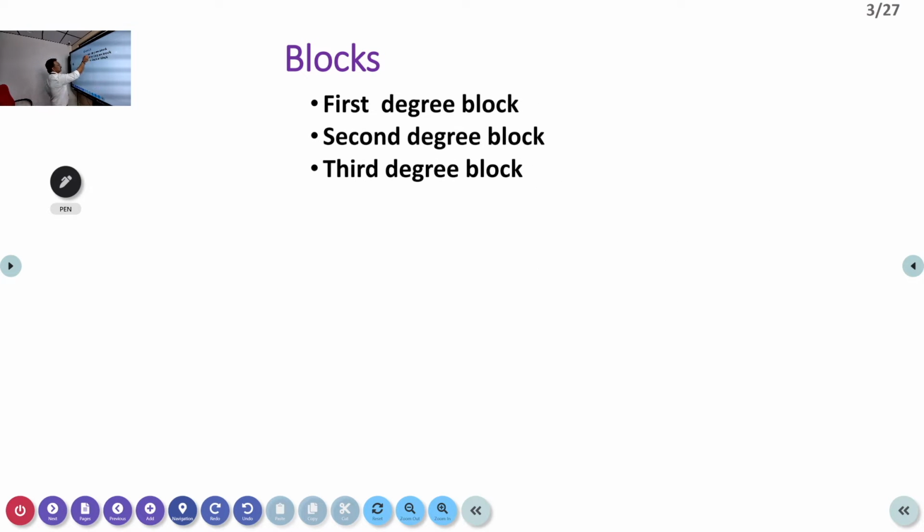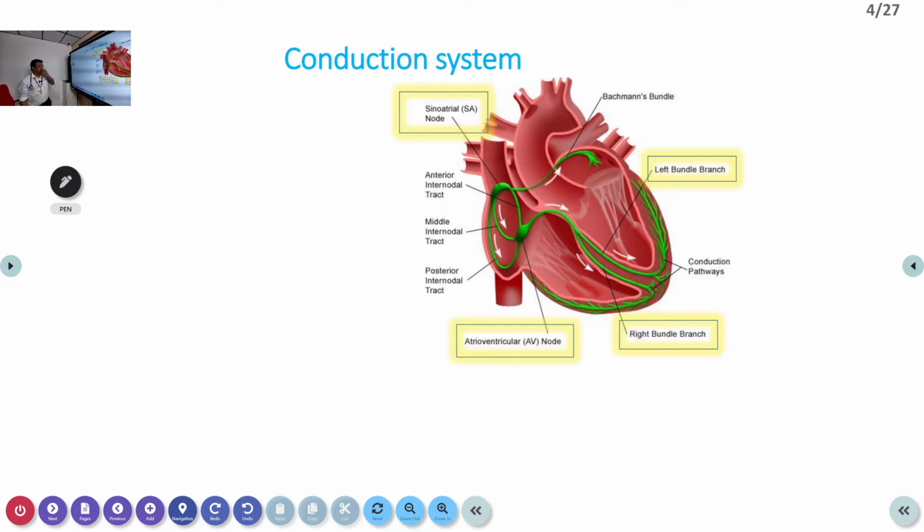There are three important types of heart block: first degree, second degree and third degree. Other than that, we have bundle branch blocks. We are not discussing bundle branch blocks. We are discussing AV blocks, atrioventricular blocks. So this is the conduction system of the heart.